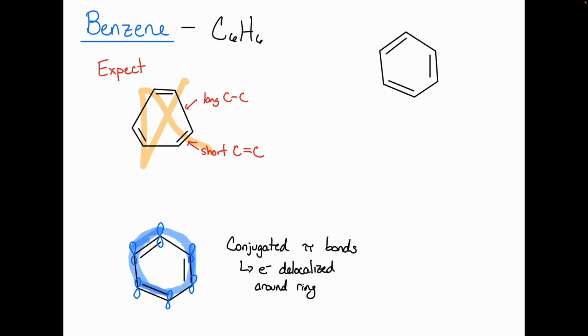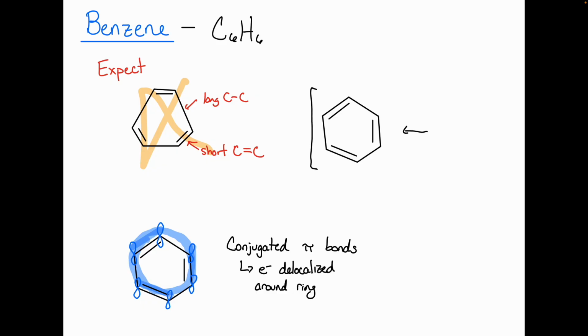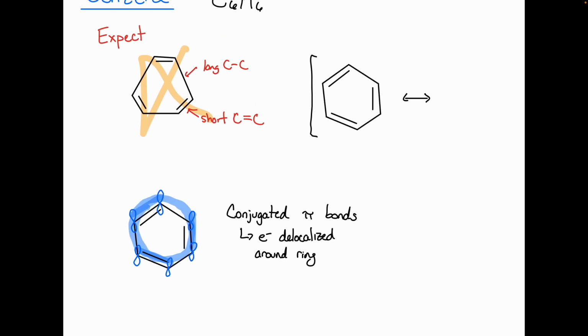So then why am I allowed to draw benzene with this nice symmetric structure? Well, if I was being really good, I would include my other resonance contributor, which is where those double bonds have now traded positions with one another. So these move over here, these over here, and these over here.